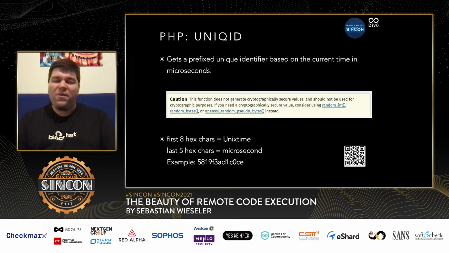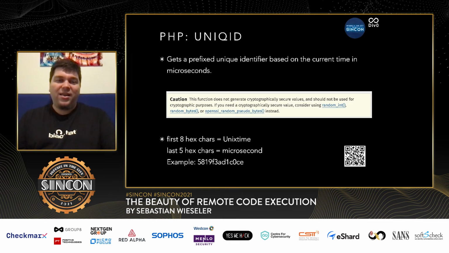And one more thing which I found quite interesting was uniqid as a PHP function, and this was actually a prefixed unique identifier based on the current time in microseconds. Okay, but it has a caution in the PHP manual, which already specifies that this does not generate a cryptographically secure value and should not be used for cryptographic purposes, right?